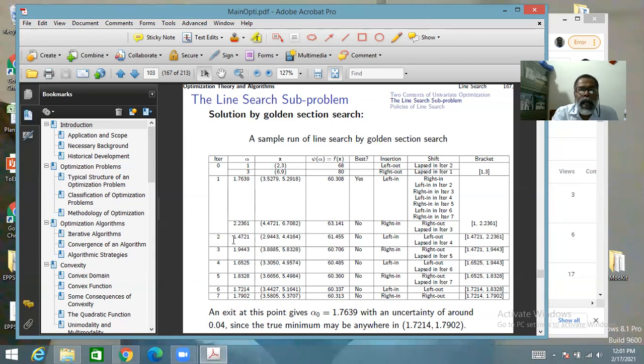And the uncertainty is this minus one of these, mod. So that much is the uncertainty, because the true minimum can be anywhere between these two values. So this is what we have got. And how many iterations did we make? We made 7 iterations, which means 8 evaluations after bracketing.